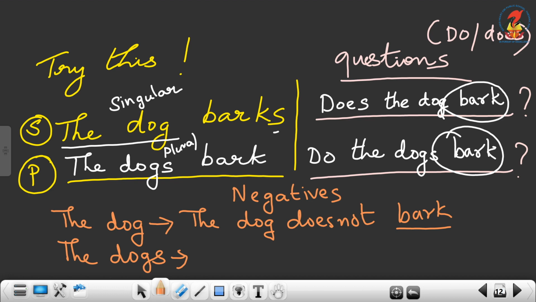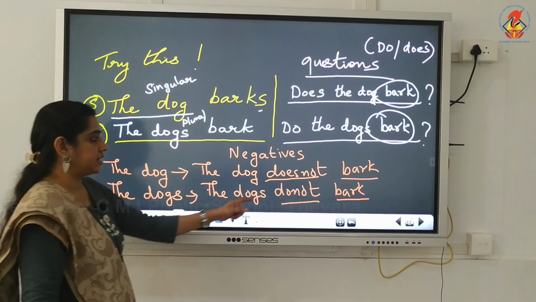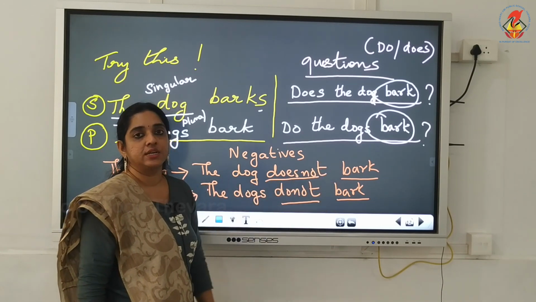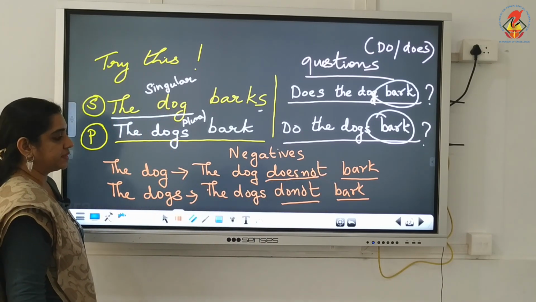There is no change. Then the dogs, plural. So, the dogs, I should use do not bark, same verb. Okay, because I have used do not and does not in both the sentences. Because of that, I should not change the verb forms. So, that is already fixed. Okay, so these are the basic rules of simple present tense.